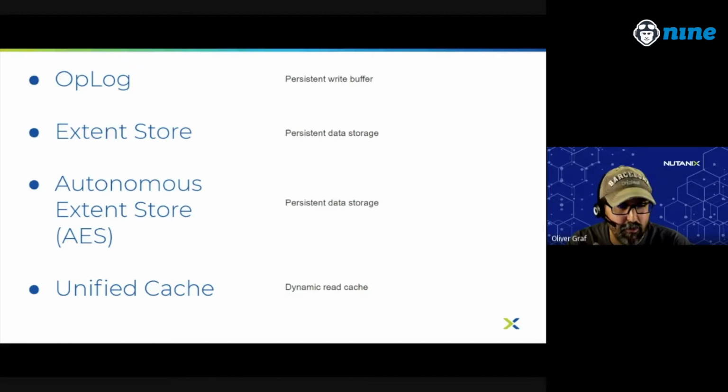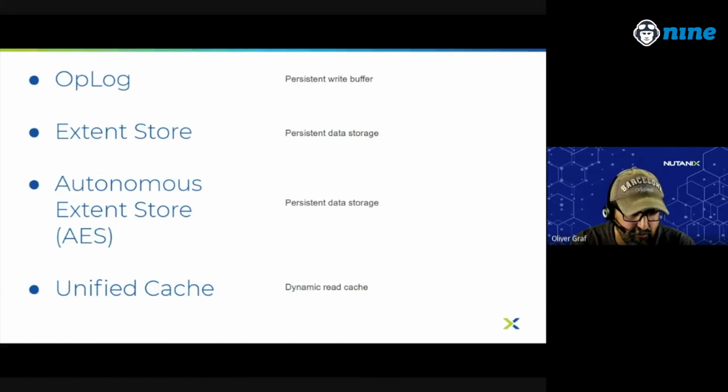All CVM oplogs take part in the replication and are dynamically chosen based upon load. The oplog is stored on the SSD tier on the CVM to provide extremely fast write I/O performance, especially for random I/O workloads.